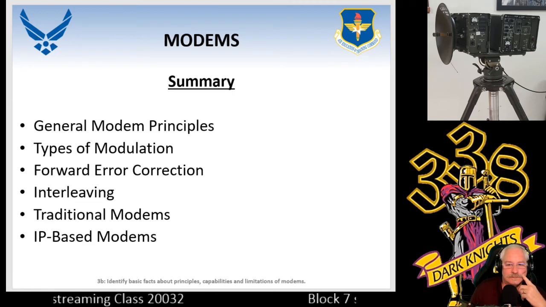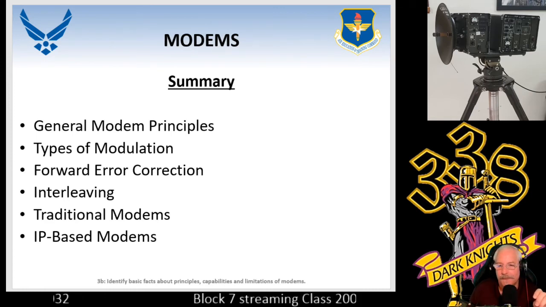That's not frequency shift, right? Airman Richards, is he right? Yeah, frequency shift or amplitude shift. Okay, and Airman Smith, what would be the third one with 1 bit per symbol? BPSK. Yep, binary phase shift keying.